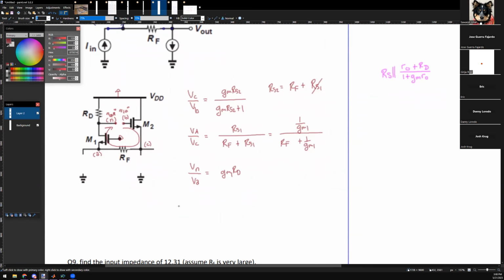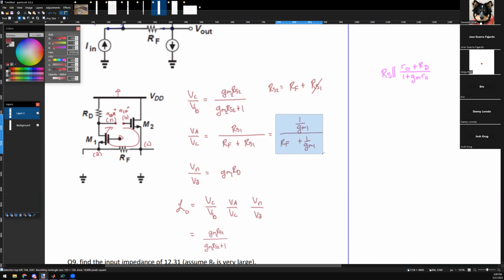So the total loop gain is going to be this times this times this. Oh, this is GM2. It's going to be this times that, times this.